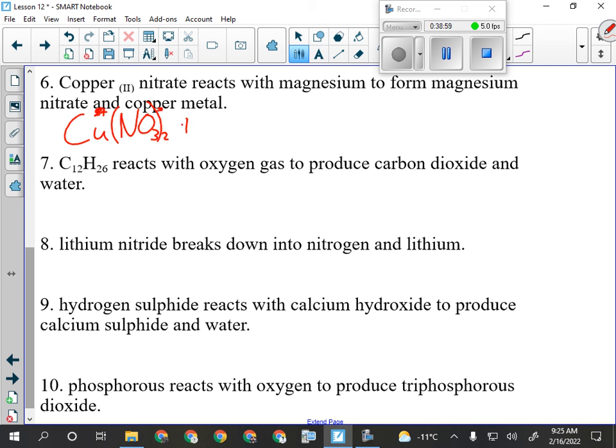It's reacting with magnesium to form magnesium nitrate. Metal, non-metal, drop and swap. I know I did that part fast, but that's just writing formulas. I haven't done anything that we haven't been doing for weeks already.